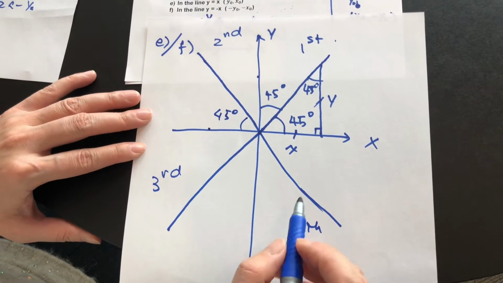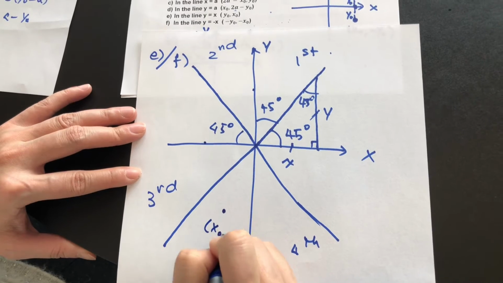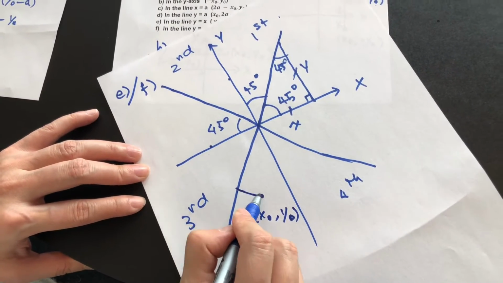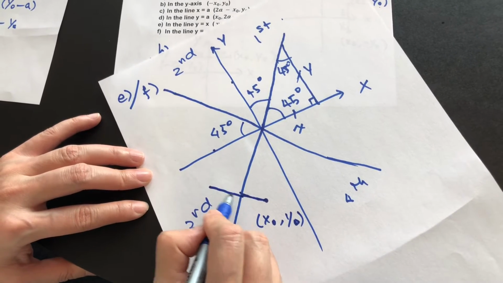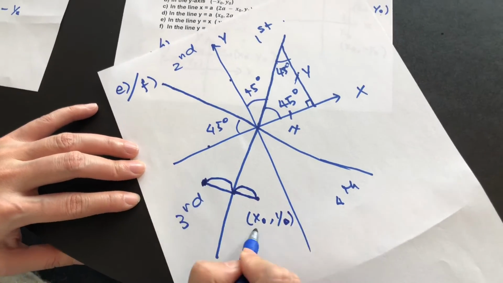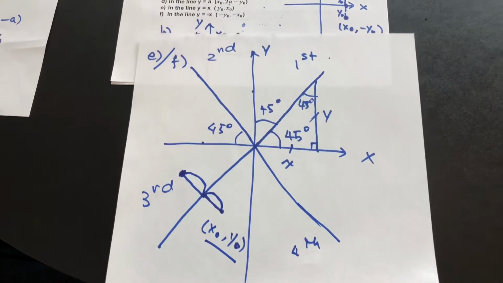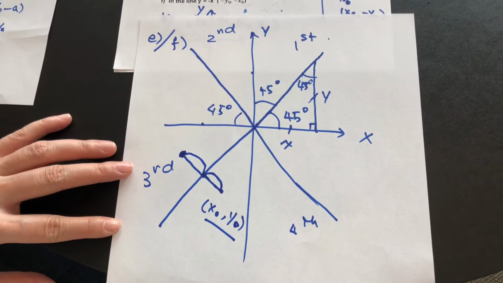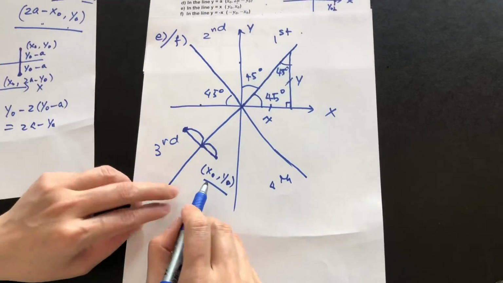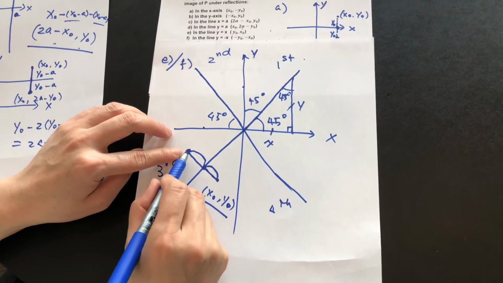You can see that in this problem, to find the symmetry point of any point is relatively complicated. If you have x0, y0 right here, again, you do the same. You do a perpendicular line, and you find out the distance. You find a distance on the other side. This would be the symmetry point of x0, y0. So, okay, for x0, y0, we find out the symmetry point is right here.